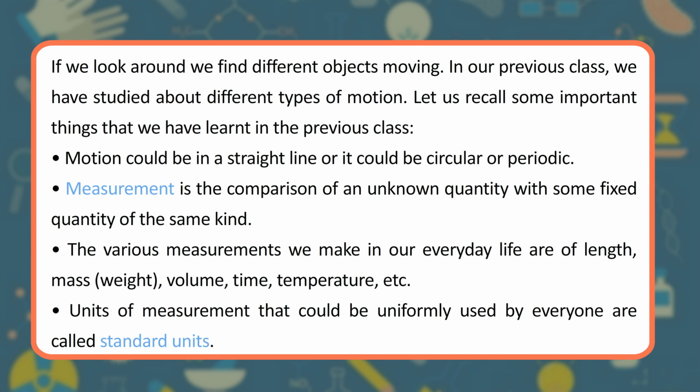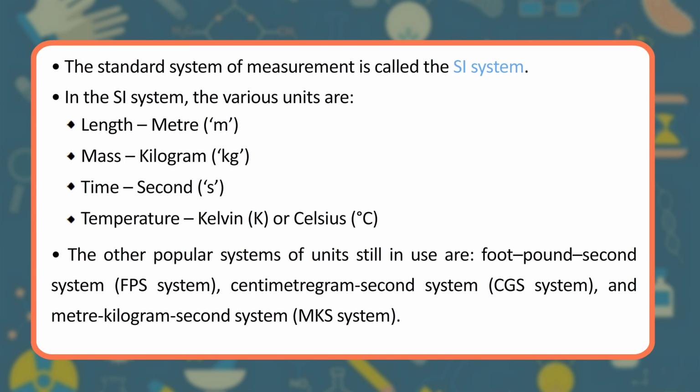The various measurements we make in our everyday life are of length, mass, weight, volume, time, temperature, etc. Units of measurement that could be uniformly used by everyone are called standard units. The standard system of measurement is called the SI system.